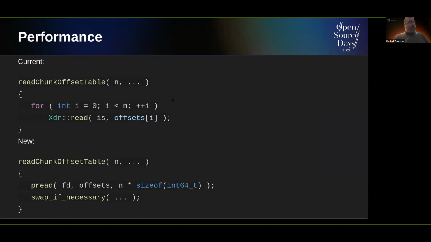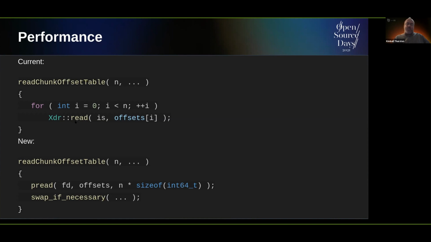And so, continuing on in the performance vein, one of the other things that happens with the existing EXR library is, as Cary mentioned, we've designed it to be as cross-platform as possible.